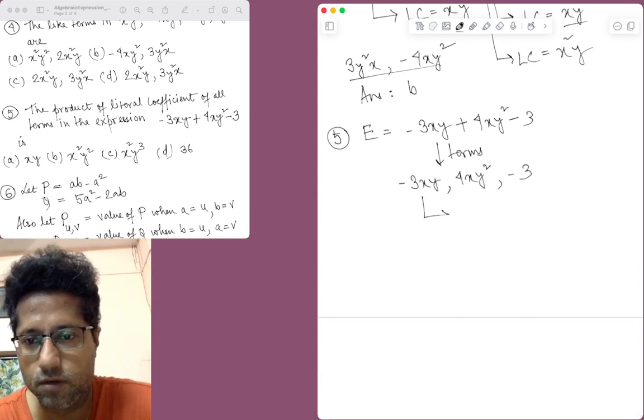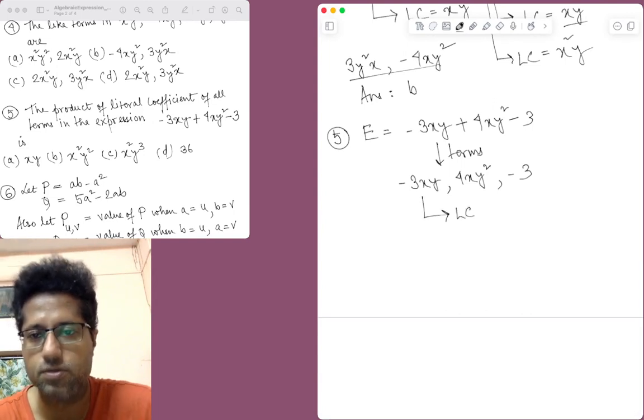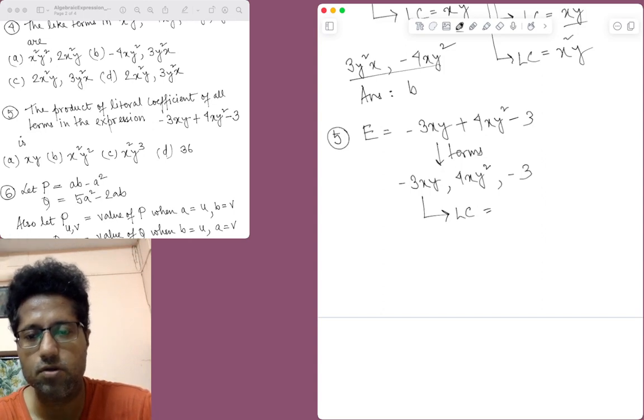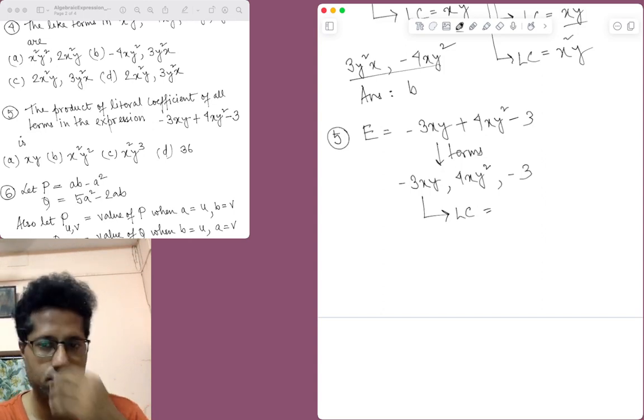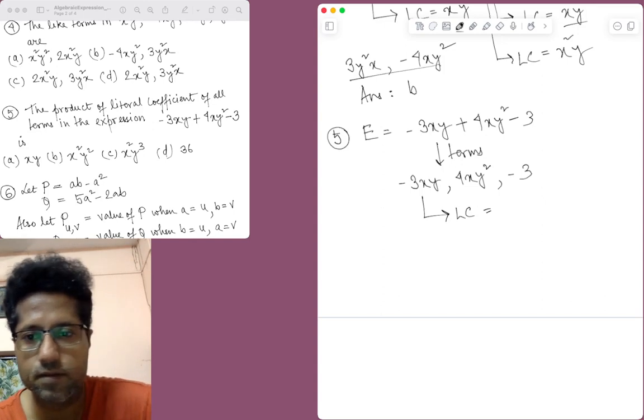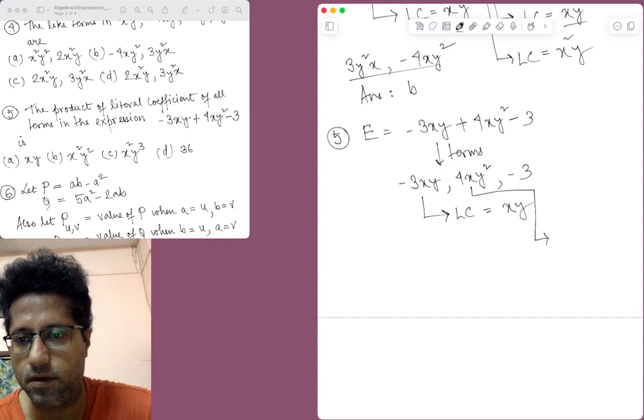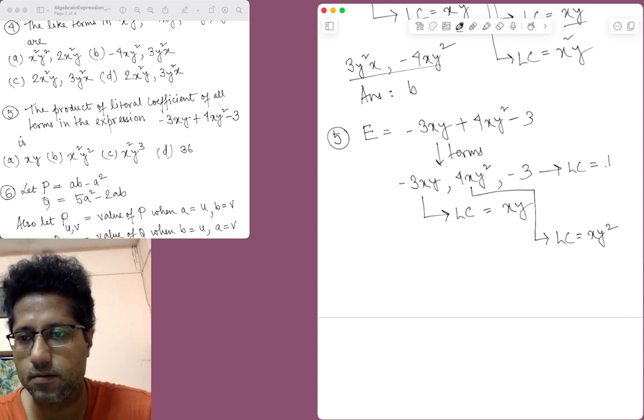What is the literal coefficient of the first term? The literal coefficient is everything except the numerical coefficient. The numerical coefficient of the first term is minus 3, so leave that, and whatever remains is its literal coefficient, xy. For the second term, the literal coefficient is xy square, and for the third term, the constant term minus 3, the literal coefficient is 1.